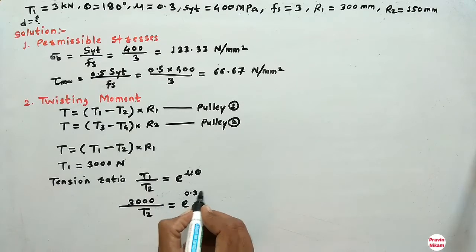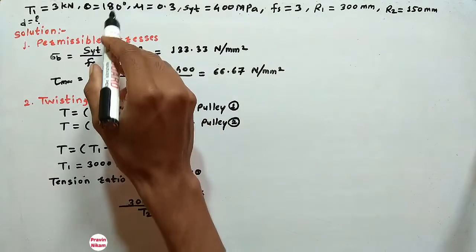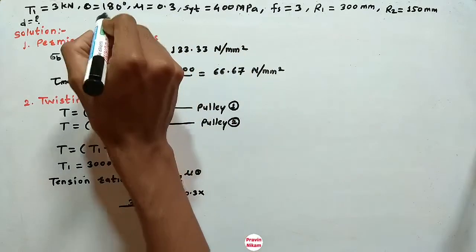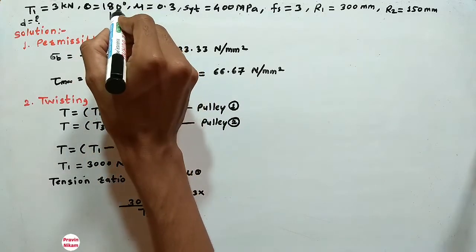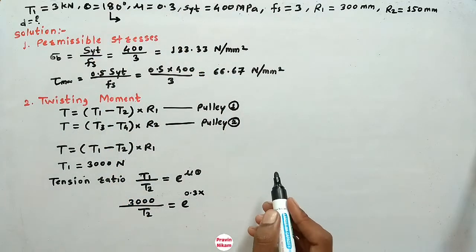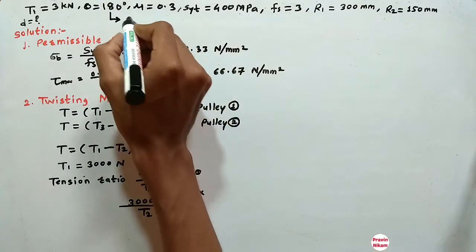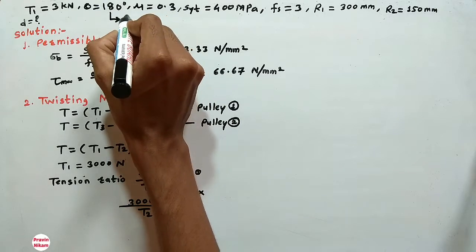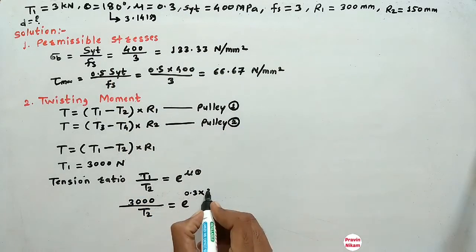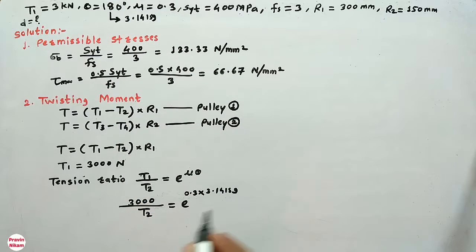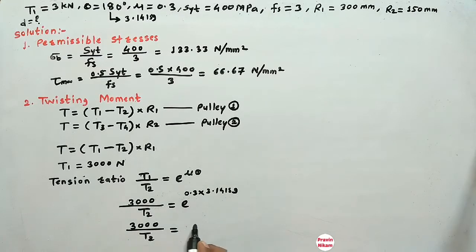Mu is 0.3 and theta is 180 degree, but convert this value into radian by multiplying by pi divided by 180, which gives 3.14159. So 3000 divided by T2 is equal to e raised to 2.5663.